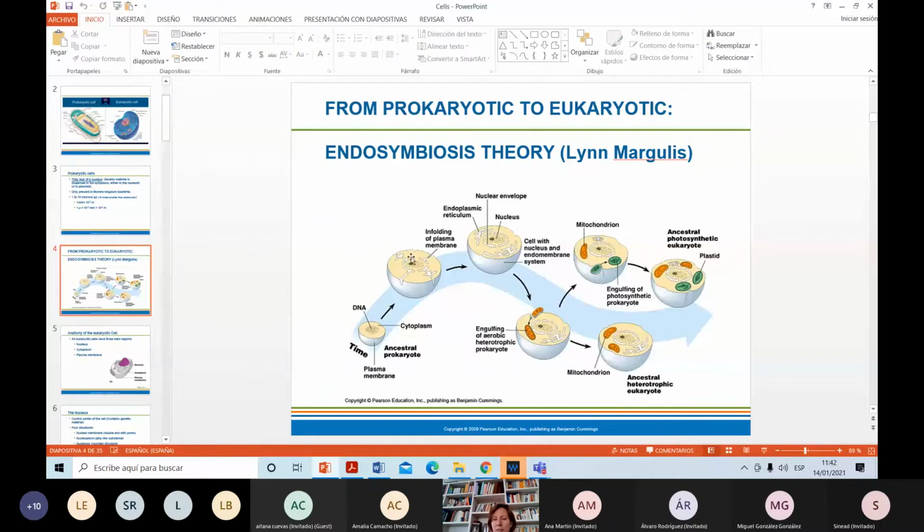Then they have descendants and more descendants. So this didn't happen in one day, que a veces pensáis que esto es un día solo. This is generation after generation. Those cells started having more and more enfoldings, and then some of them developed this structure, the endoplasmic reticulum, the Golgi body, the nucleus, all those membranous structures.